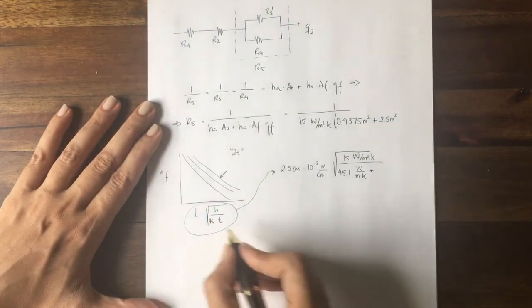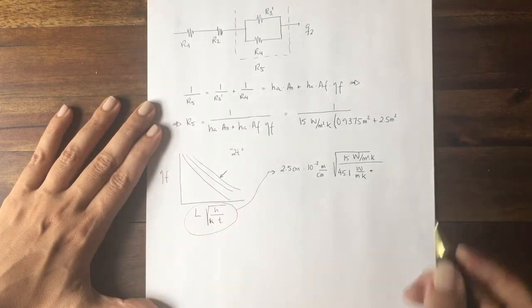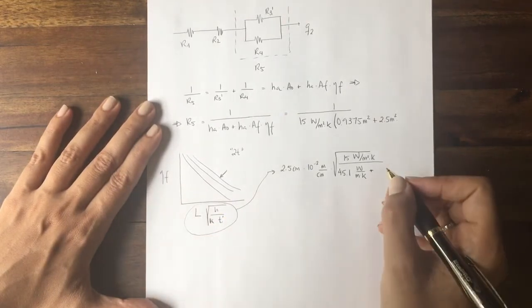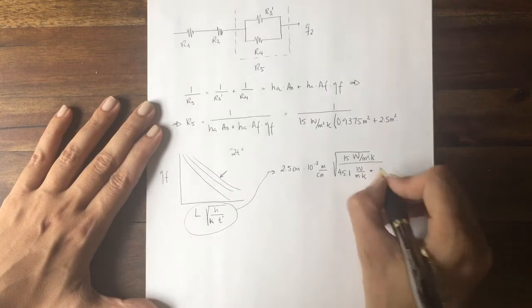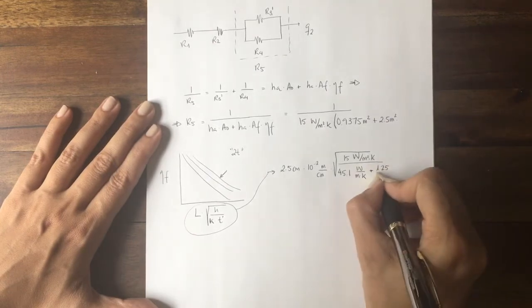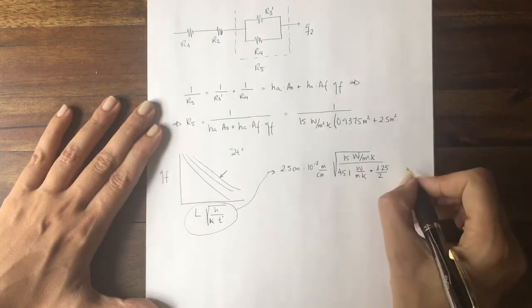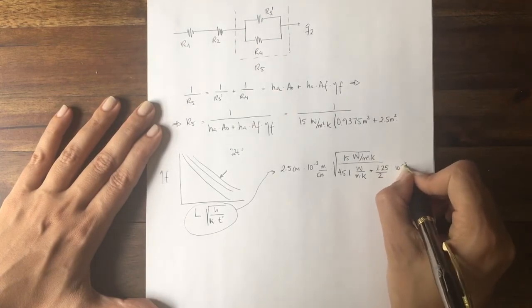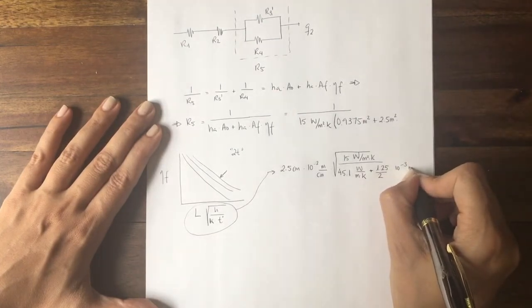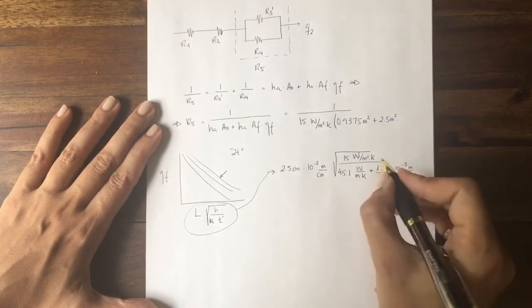That means that we need to use half of the thickness: 1.25 over 2, times 10 to the minus 3 meter.